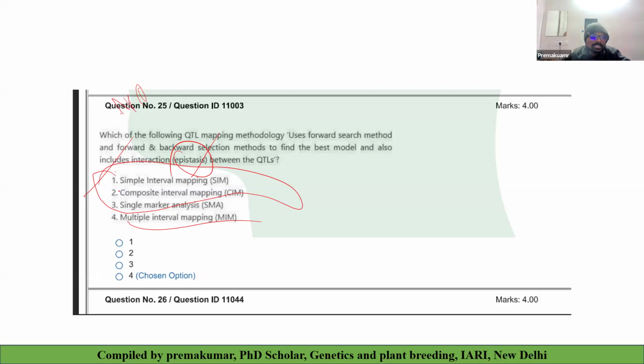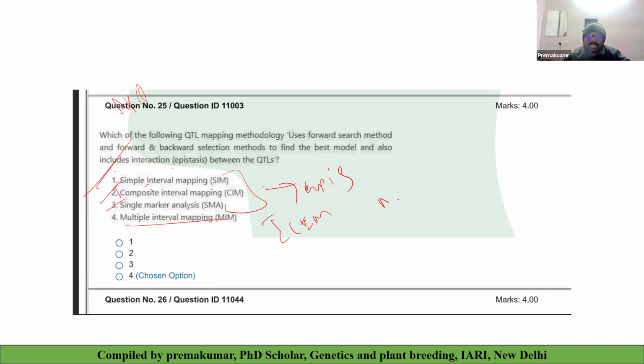Maybe he confused it: if it were inclusive composite interval mapping, then two options would be correct. But here they gave only composite interval mapping. Even in the original papers, you check, we can't detect epistasis by these methods.